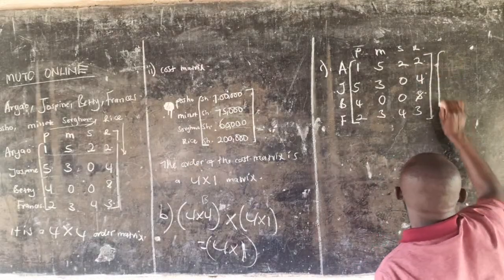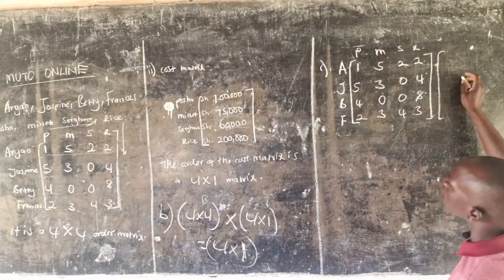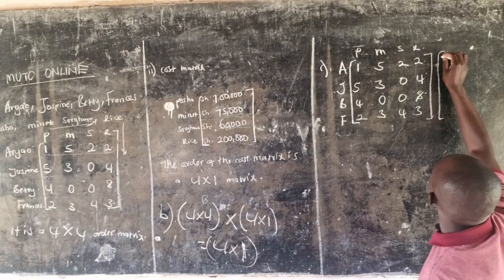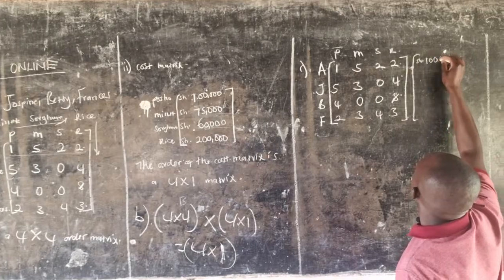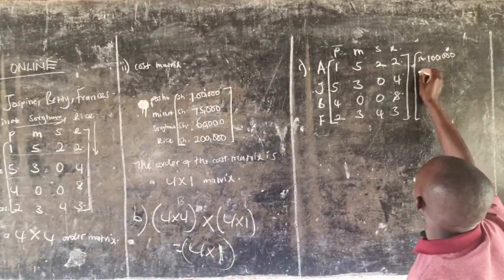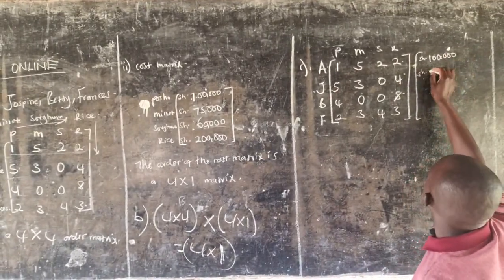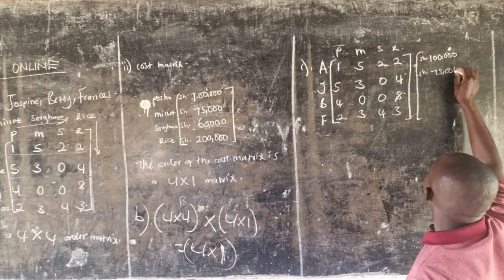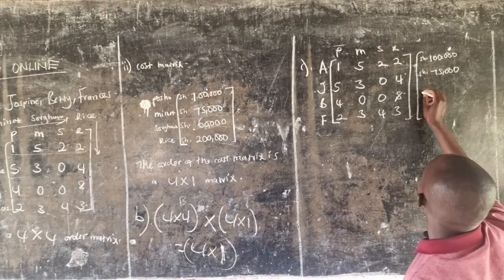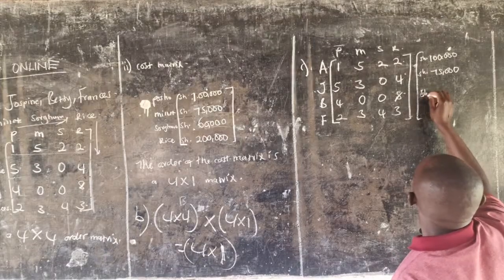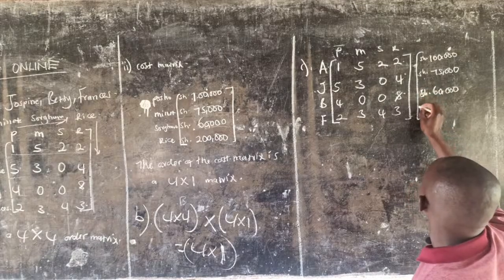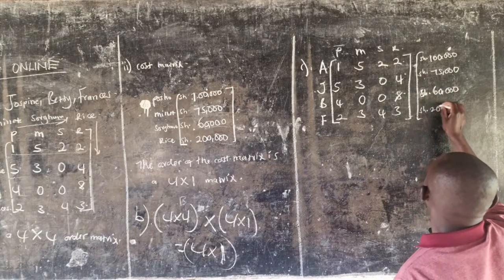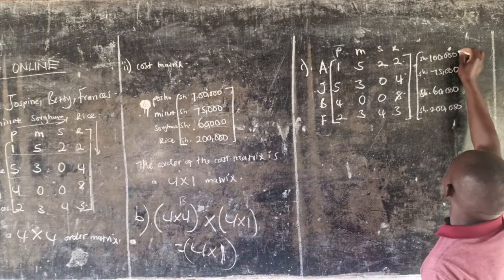We are going to multiply it with the cost matrix, which is in shillings. This is 100,000. This is also 75,000. Then this is 60,000, and then this is 400,000.